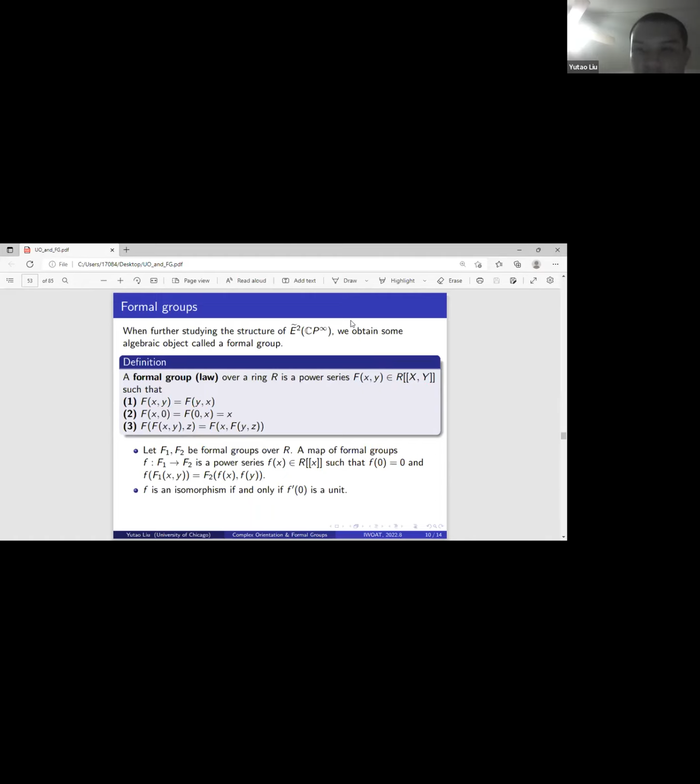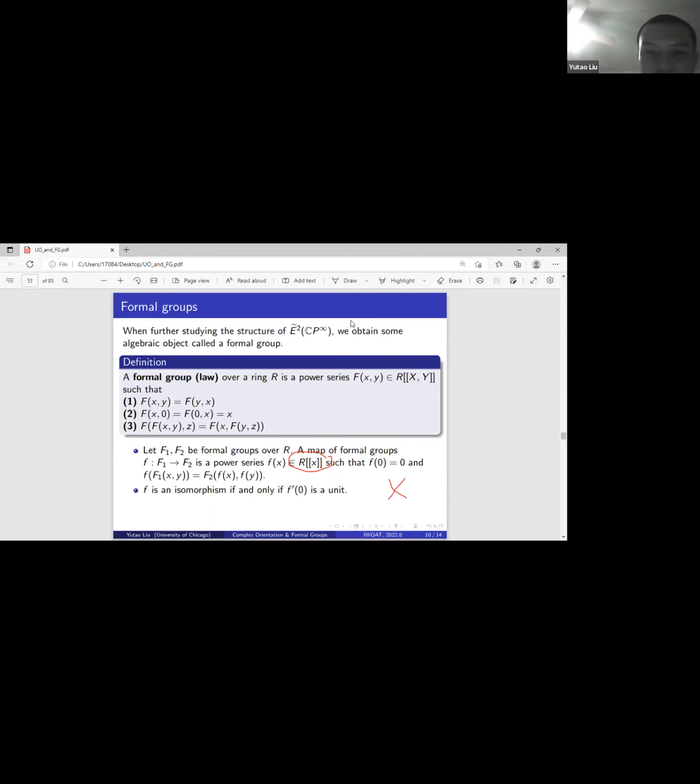And you can see in which case F can be an isomorphism. It is an isomorphism if and only if it is invertible in the power series of R, which means the coefficient on X is an invertible element.